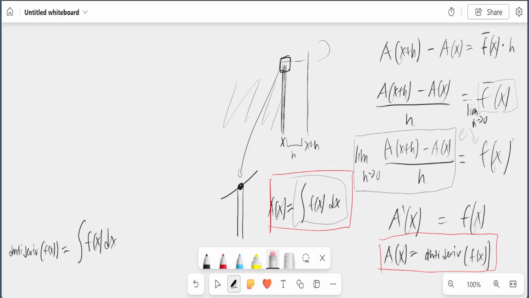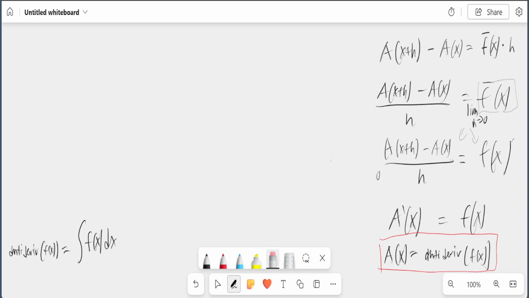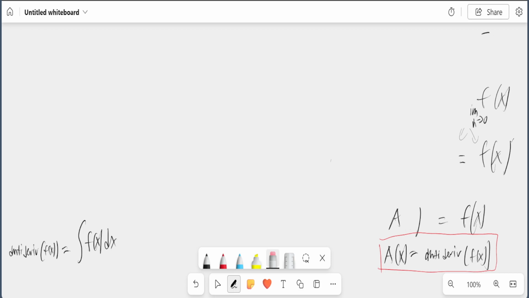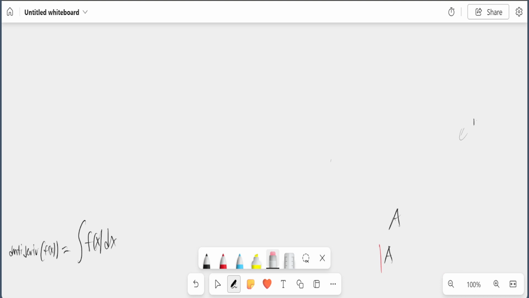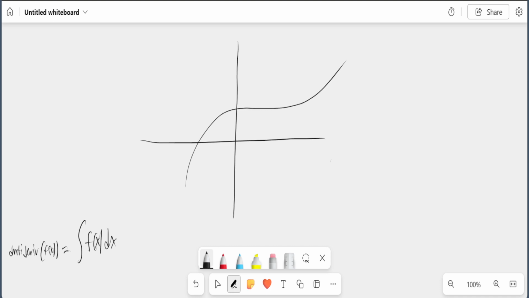So this also makes conceptual sense. Because if you think about it, let's think about just velocity, right? If we have velocity, and this is velocity of x, what is velocity? The derivative of position.